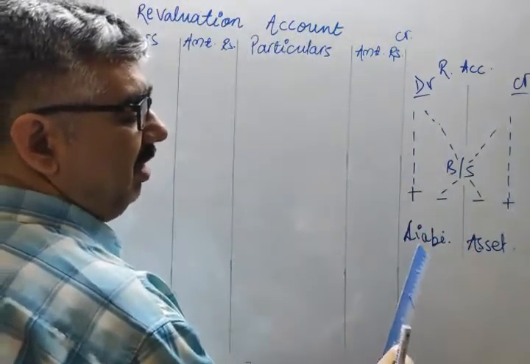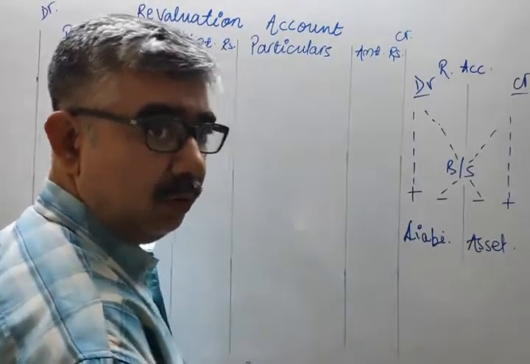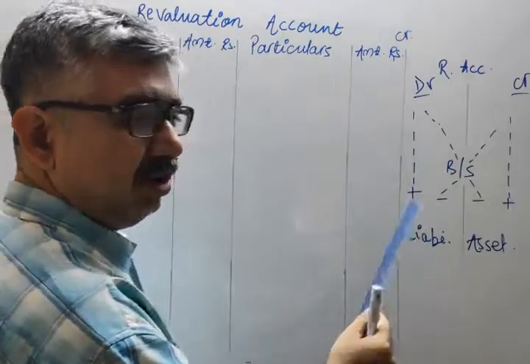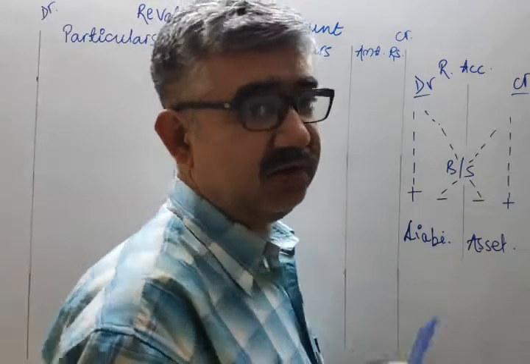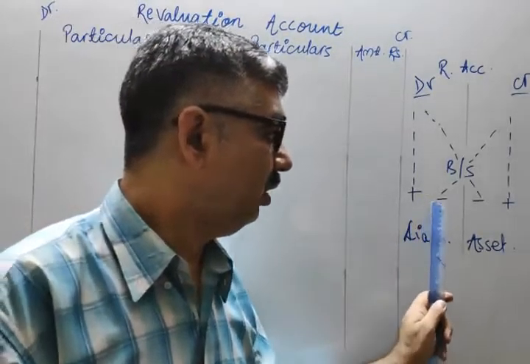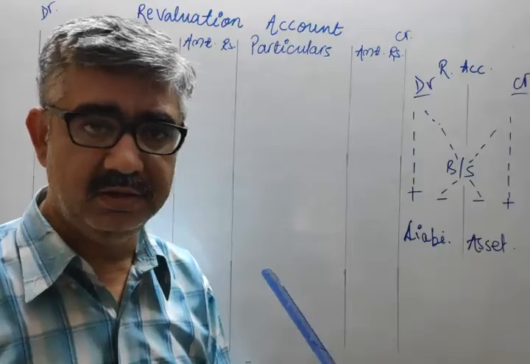If your liability increased, again it's a kind of loss, we have to pay more, so on the debit side. And if your liability decreases, if you are fortunate enough and the creditor says you are going to have some rebate, you are in benefit, it is on the credit side.